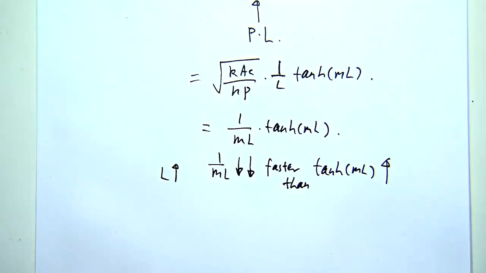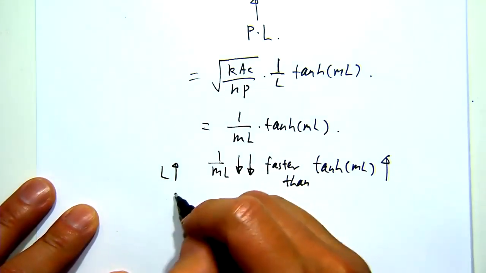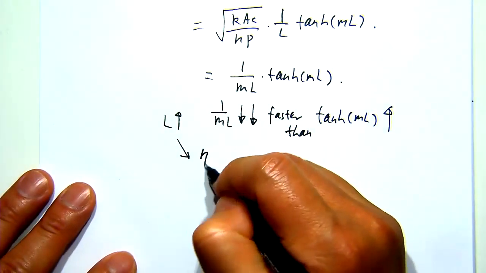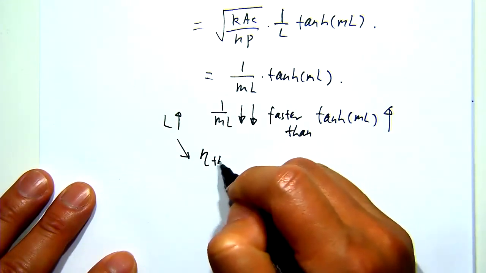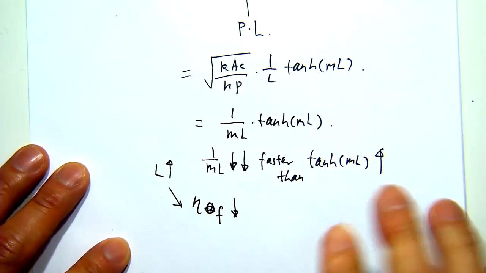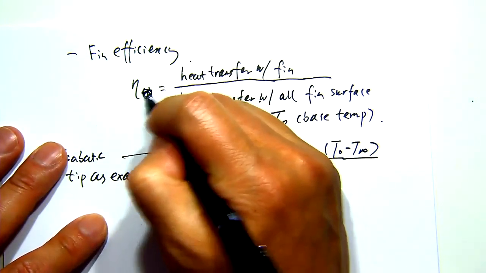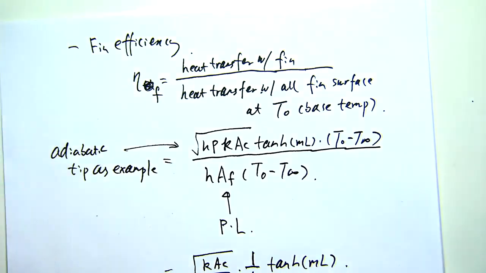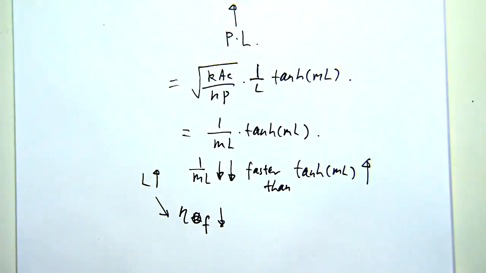So overall, if the length increases, then the efficiency will drop. Sorry, I should say the fin efficiency, it should be eta fin, okay? So the longer fin will drop the efficiency based on the definition here.